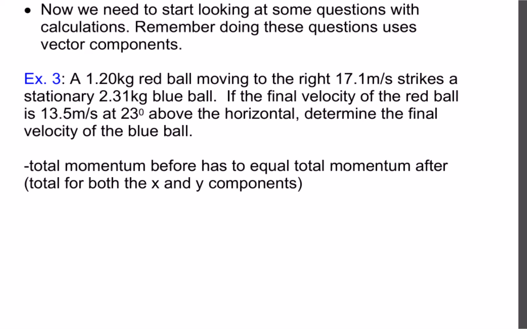Let's draw our first one here. It says we have a 1.2 kilogram red ball moving to the right at 17.1 meters per second, and it's going to strike a stationary blue ball, so that one's not moving. That's our before.